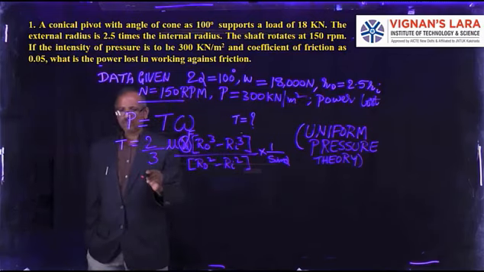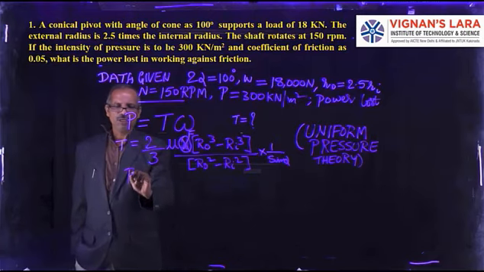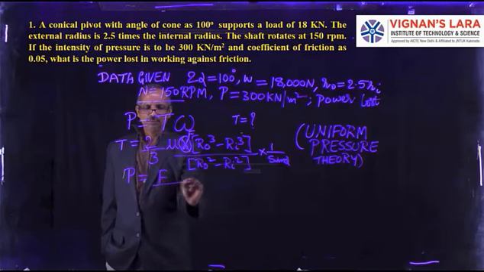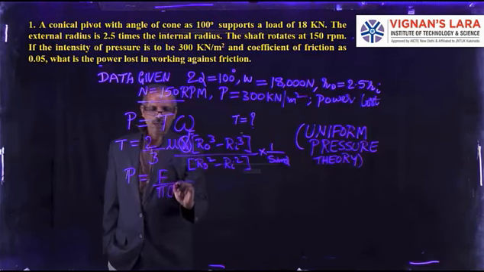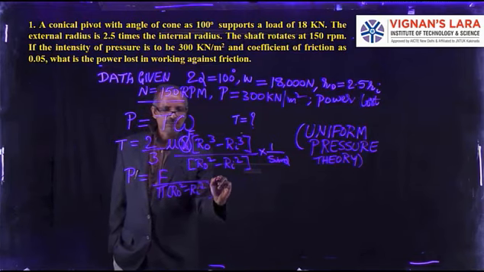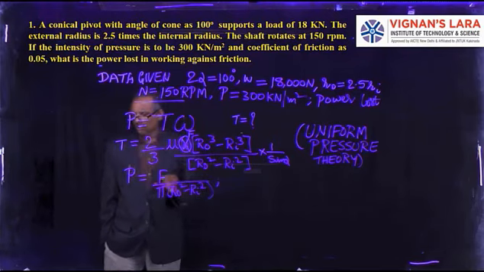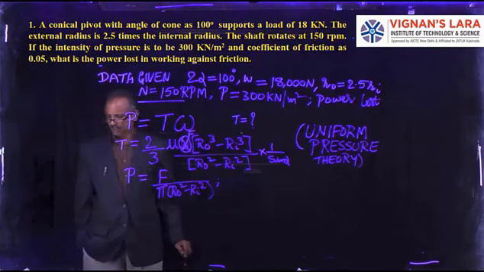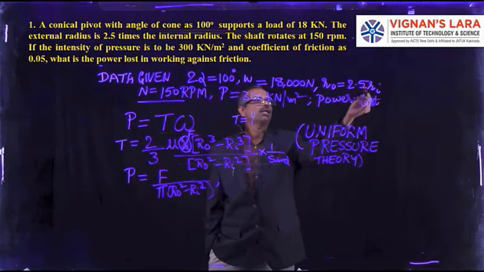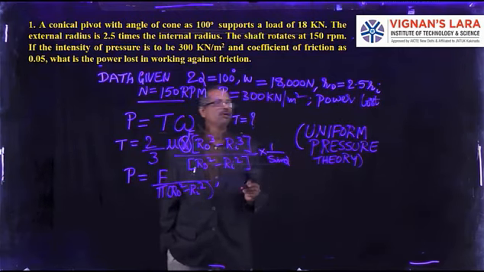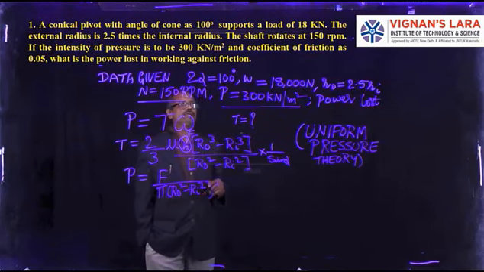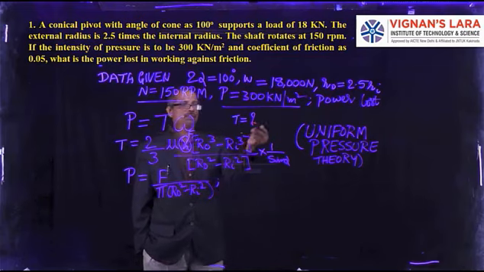So according to uniform pressure theory, what is the equation for pressure? Pressure is equal to force by pi times (R0 square minus Ri square). What is given here in our problem? The values of R0 and Ri have a relation: R0 is 2.5 Ri. And the pressure here is 300 kilonewtons per meter square.